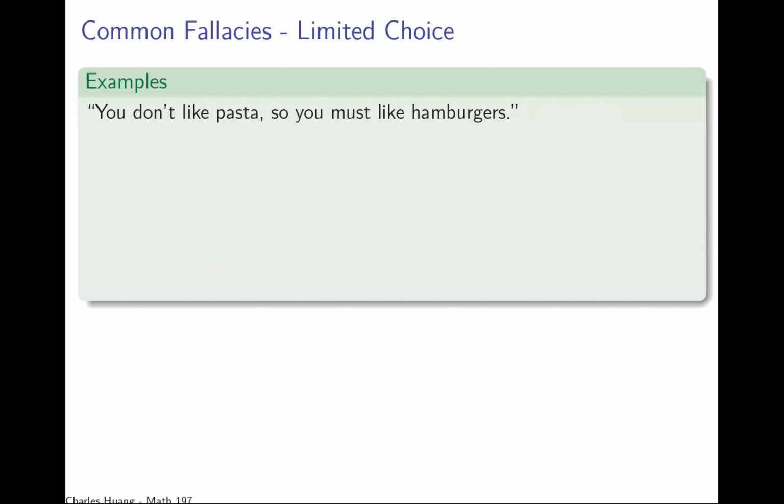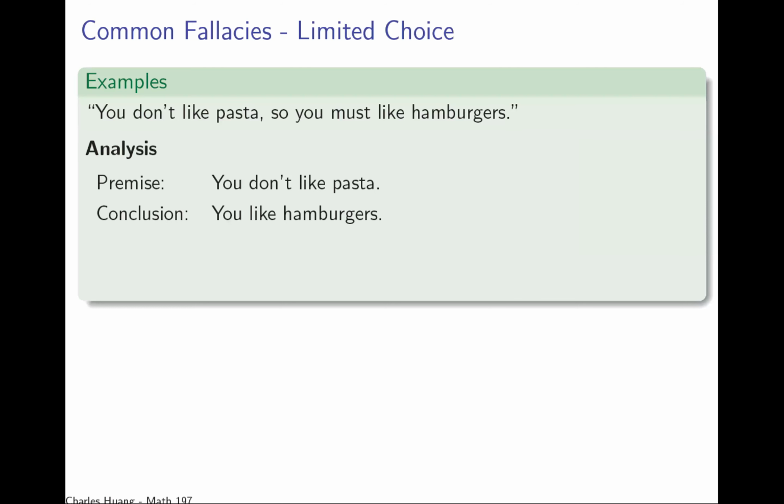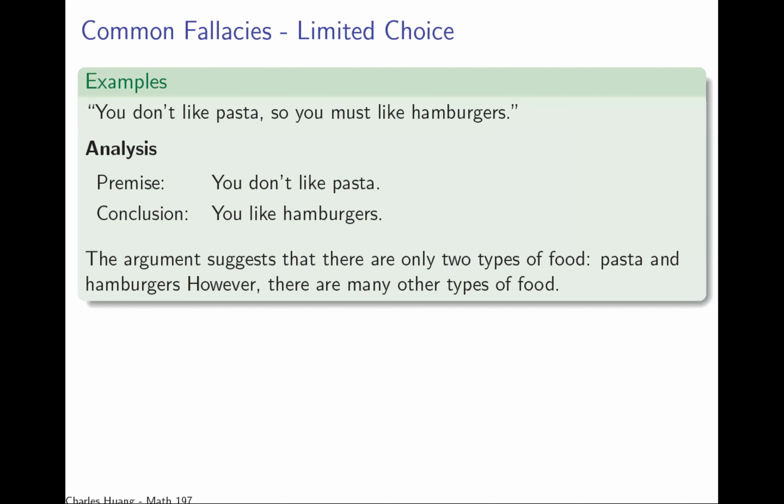Here, we're treating food like a binary, like a two-option choice. You either like pasta or you like hamburger. And if you don't like pasta, that means you must like hamburger. There's no other choice. This is called limited choice. And this is a common fallacy as well.